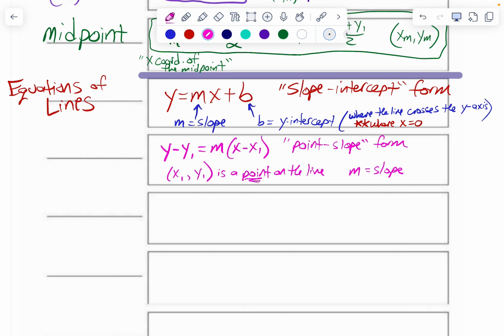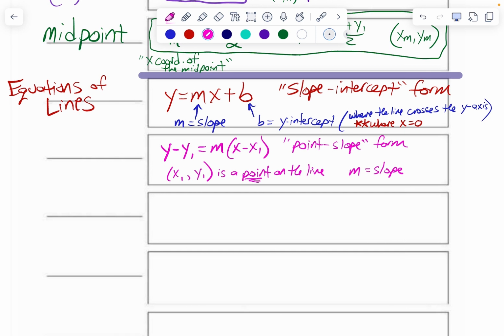You will always have a point on the line, otherwise you wouldn't be able to write the equation. You won't always be given the y-intercept, and so you'll have to solve for it, which can be a pain, a little bit. But you'll always have a point. So if you have to find the slope in both cases, why don't you use this form and just plug the point in, okay? And then if you want, from there you can convert it to slope-intercept form, okay?